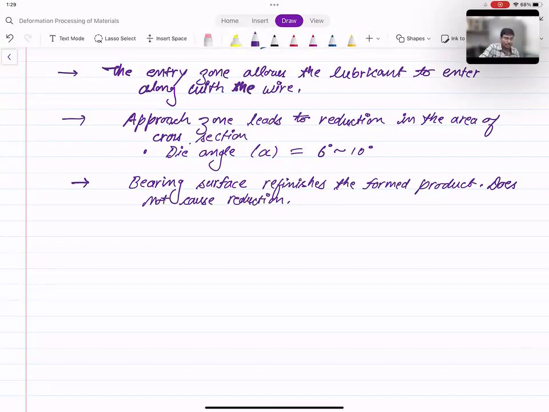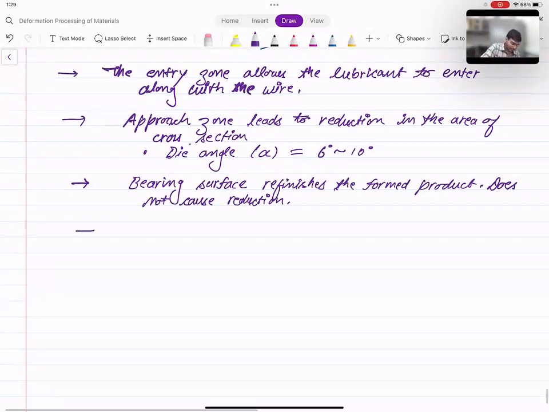After the bearing zone comes the exit zone, where the drawn wire leaves the die. Exit zone, or back relief.